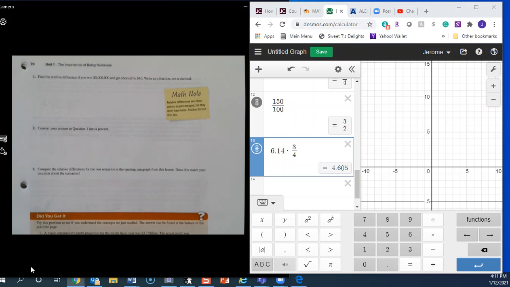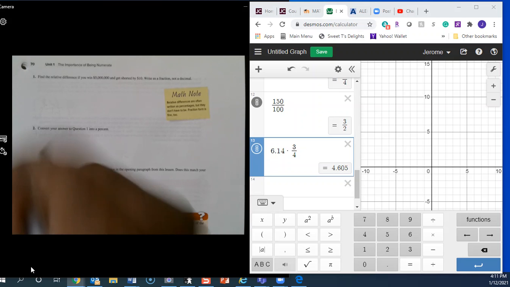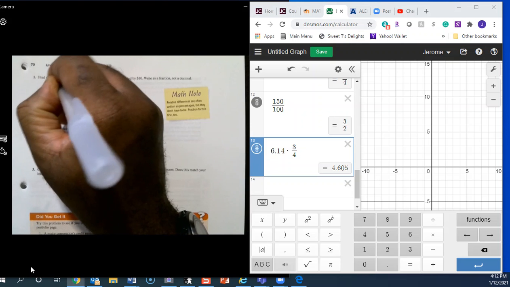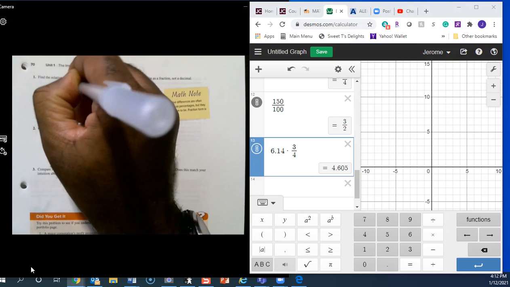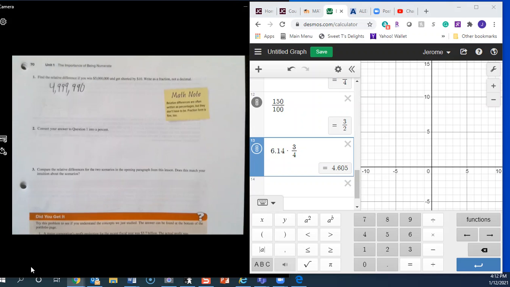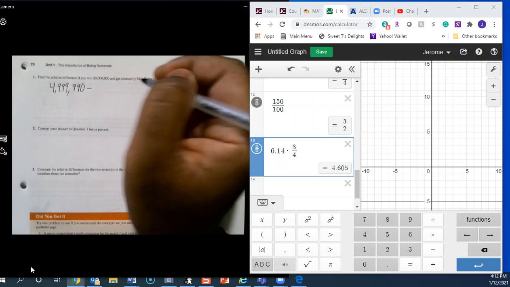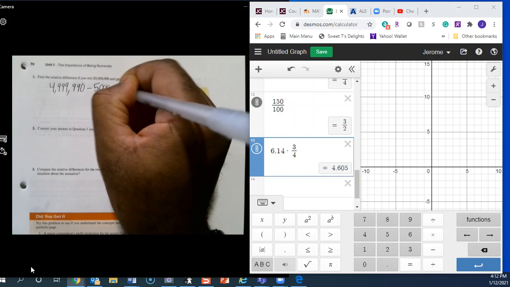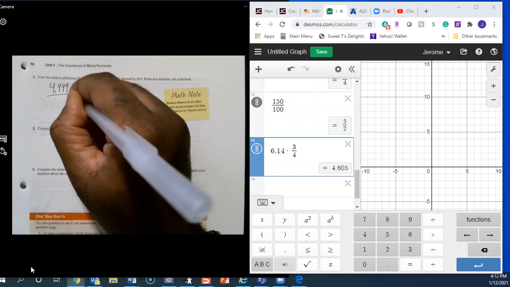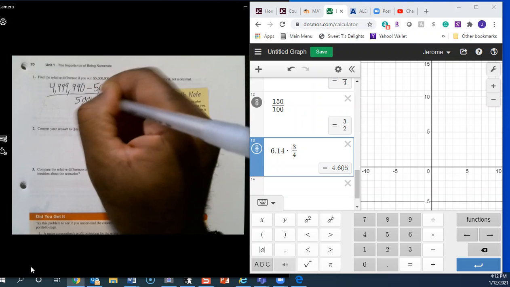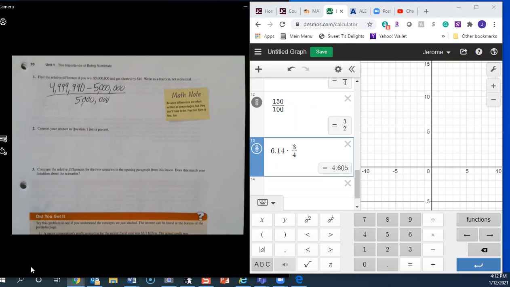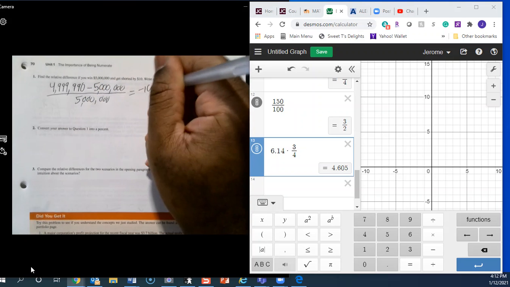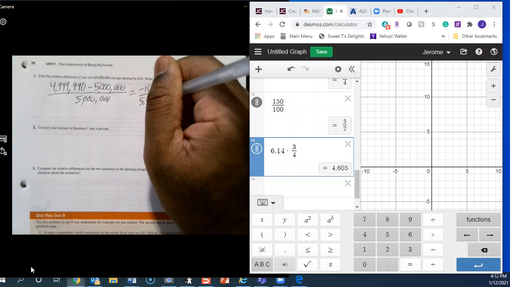Okay, so if you get shorted $10, that means that the new value would be $4,999,990 minus the original value of $5 million, divided by the $5 million. So this would be a negative 10 over 5 million.